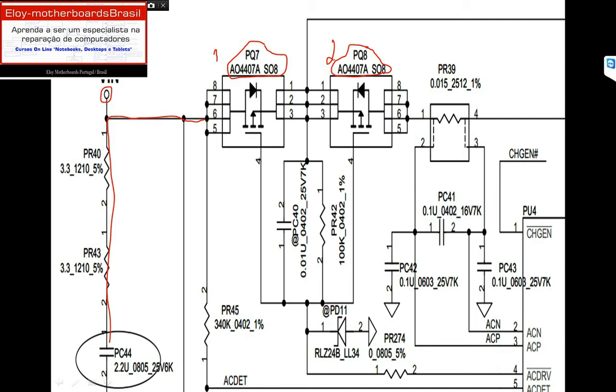How can I tell, only by looking at the schematic, how can I be 100% sure that this is PNP and not NPN? Because of this arrow right here. This arrow will always point to the positive side.